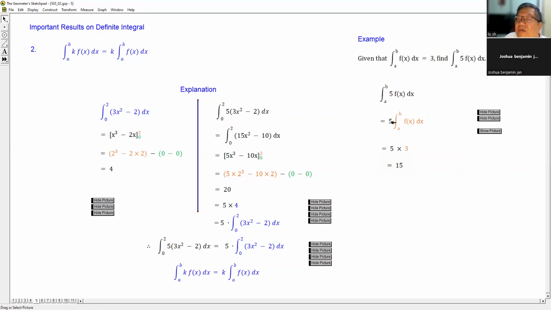Then what remains is the same as this, which is 3. So I replace the orange definite integral with the number 3.